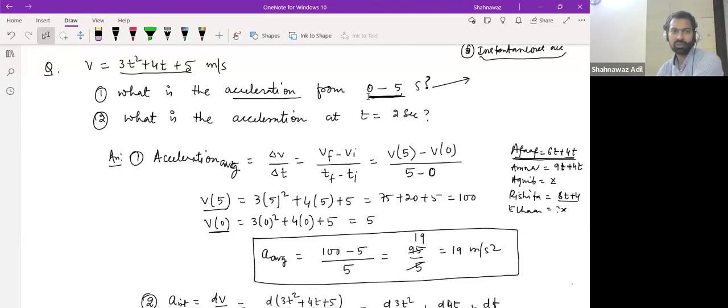You will be given some form of velocity, and then they will ask what is the acceleration from 0 to 5 seconds.